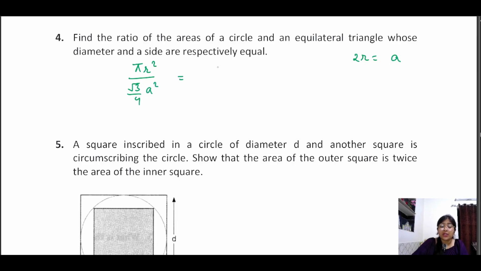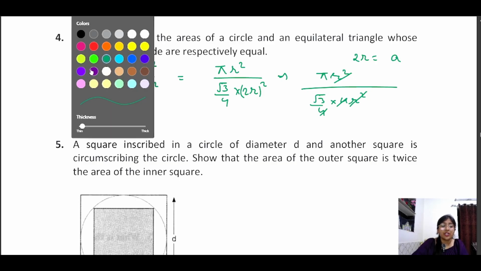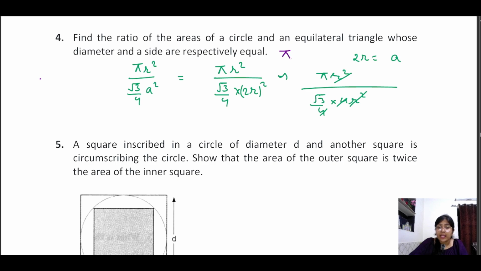Replace a by 2r, so you will get pi r square divided by root 3 over 4. Instead of a, we can write 2r, so it is going to be 2r whole square. Simplify this, you will get pi r square over root 3 by 4 into 4r square, yes or no? Yes, 4 will be cancelled by 4, r square will be cancelled by r square, so the ratio is pi to root 3.